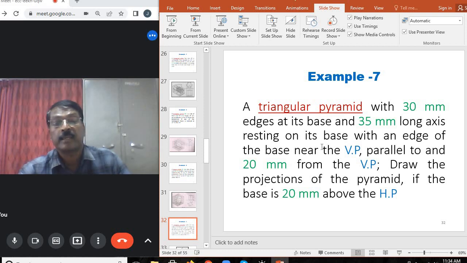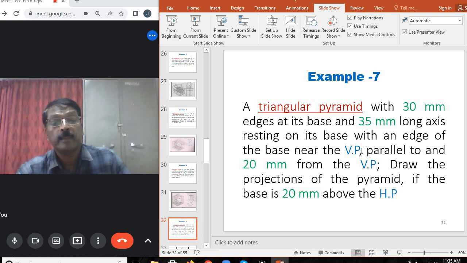Then the condition: how it is located or placed in space. One of its bases, with an edge of the base near the VP, parallel to and 20 mm from the VP.